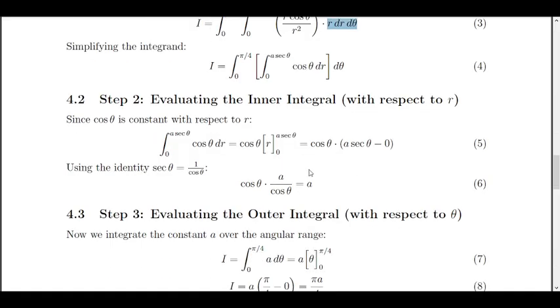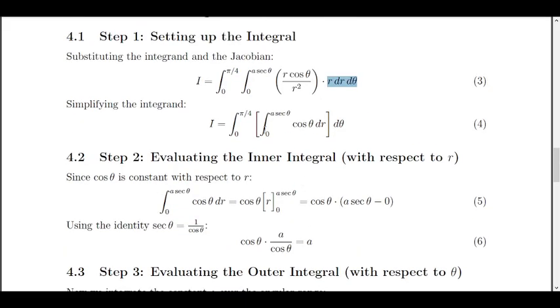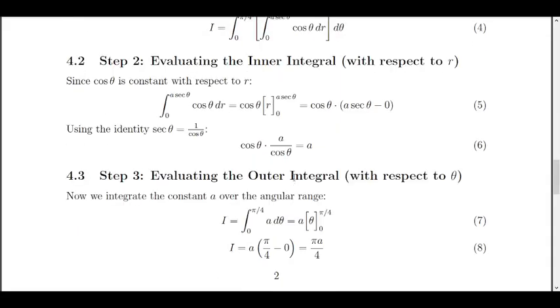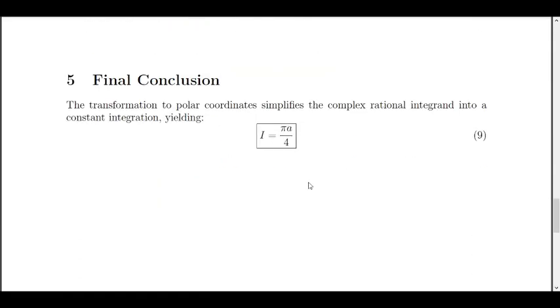Since secant theta is 1 by cos theta, the cos theta cancels, and this is a. So the inner integral result is a, which is evaluated with respect to theta from 0 to pi by 4. This is integral 0 to pi by 4 of a d theta, which is a times theta, and substituting the upper limit pi by 4 gives pi a by 4.